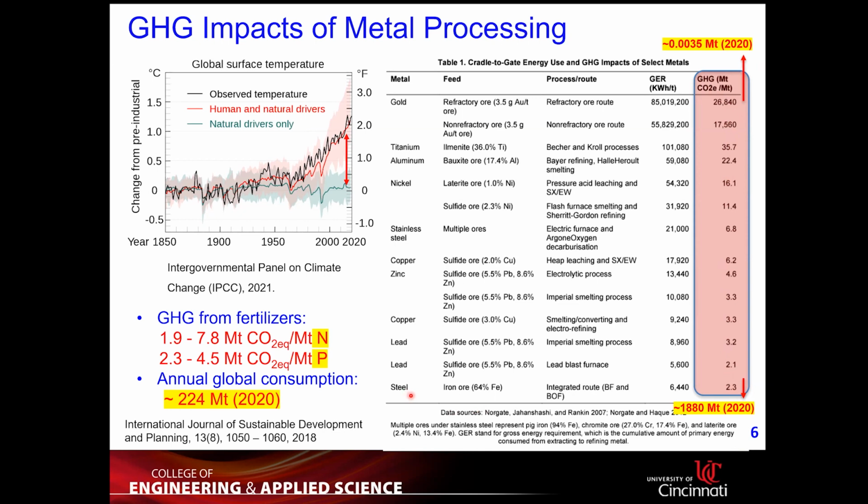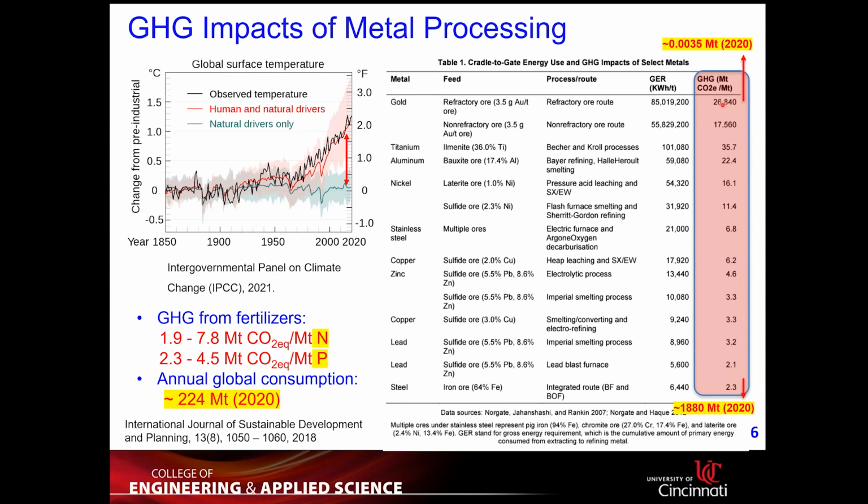And for steel production, only 2.3 CO2 will be produced per ton of steel. However, if we think about the production scale, gold's annual global production is only about 0.0035 million tons, while steel is about 1,880 million tons.